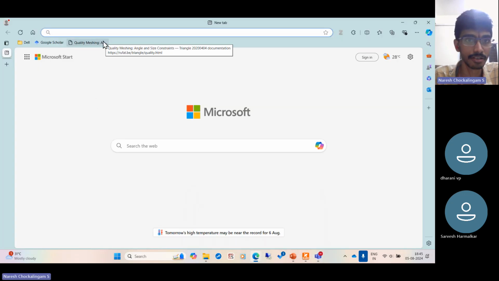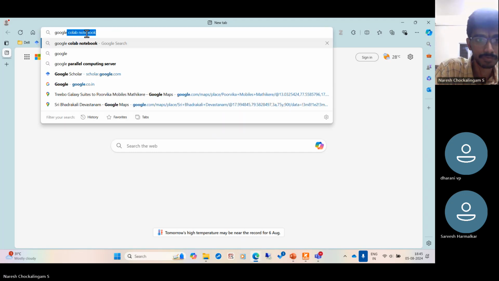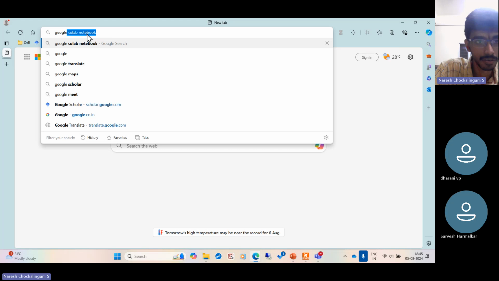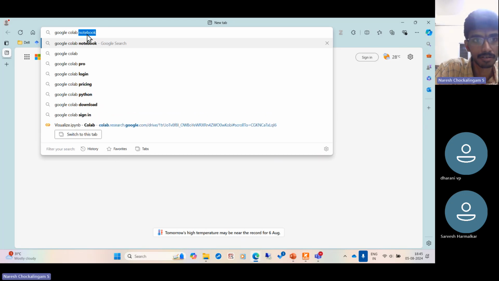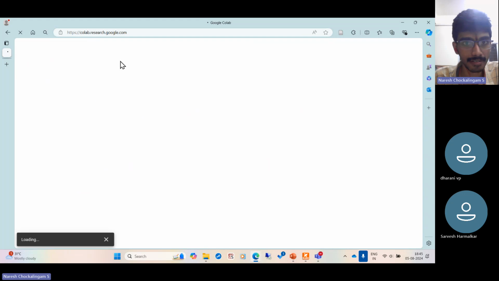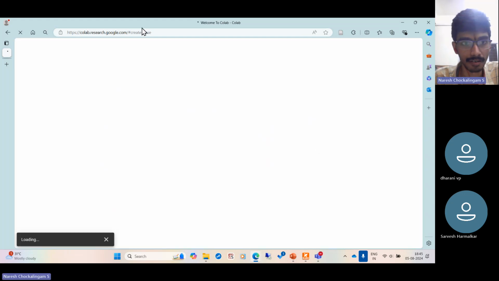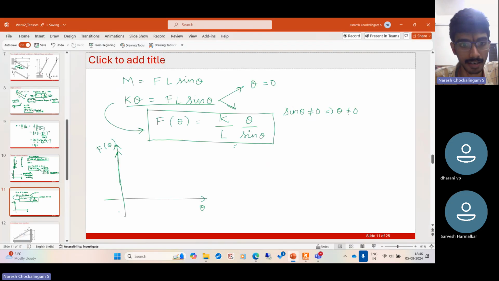So you can open this Google Colab notebook. Just search for it. If you're logged into Google, it opens a live coding environment. You can just use this to visualize these functions.